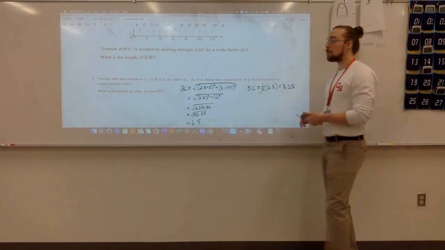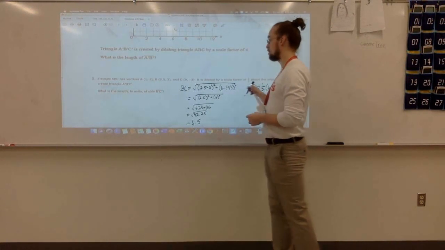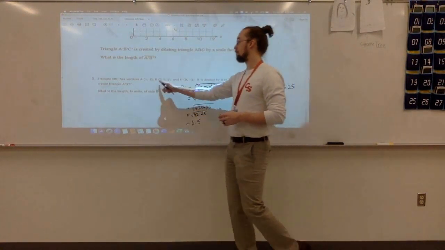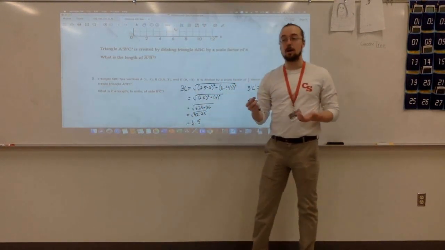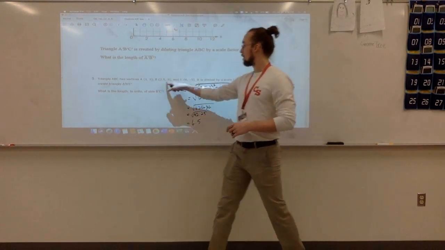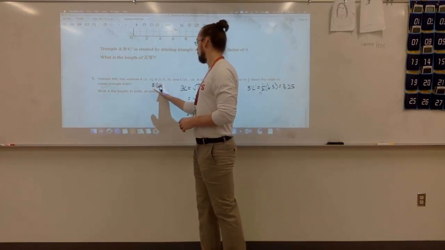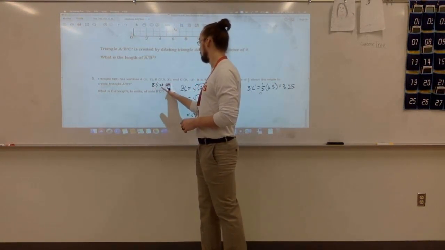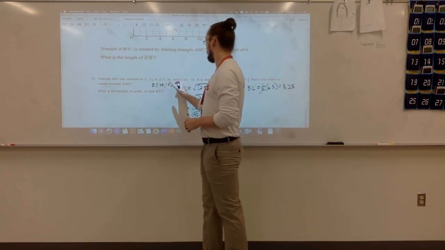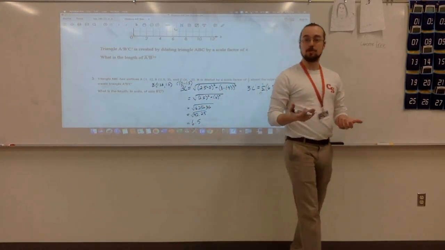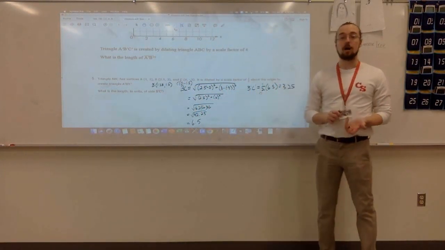We could have also found our B prime and C prime first, since it doesn't even matter where we're dilating about. So I could just cut these values in half and say B prime is at 1.25, 1.5, and C prime is at 0, negative 1.5, and then find the distance between those points. And we should get 3.25 if we do that.